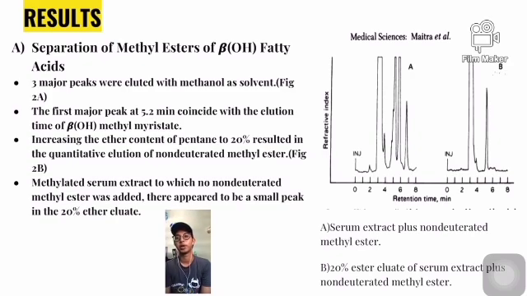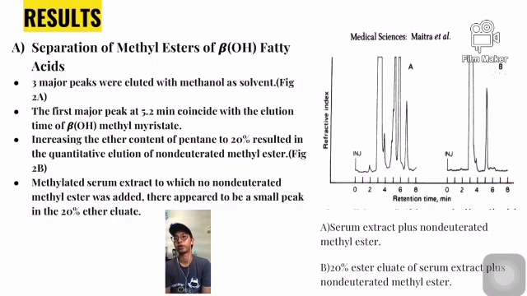Increasing the ether content of pentane to 20% resulted in the quantitative elution of non-deuterated methyl esters, as shown in figure 2b. In methylated serum extract to which no non-deuterated methyl ester was added, there appeared to be a small peak in the 20% ether eluate.